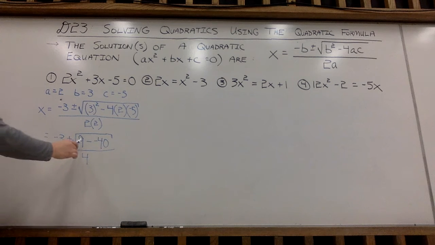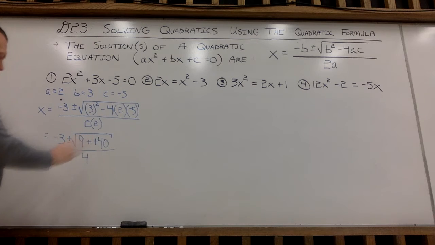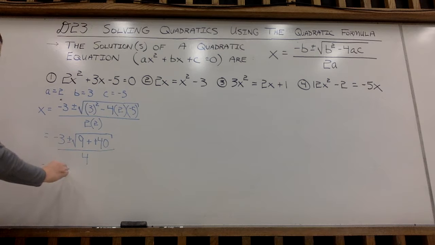So I'm going to simplify here 9 minus negative 40 to 9 plus 40. So I'll have negative 3 plus or minus the square root of 49 over 4. So we know the square root of 49 is 7.